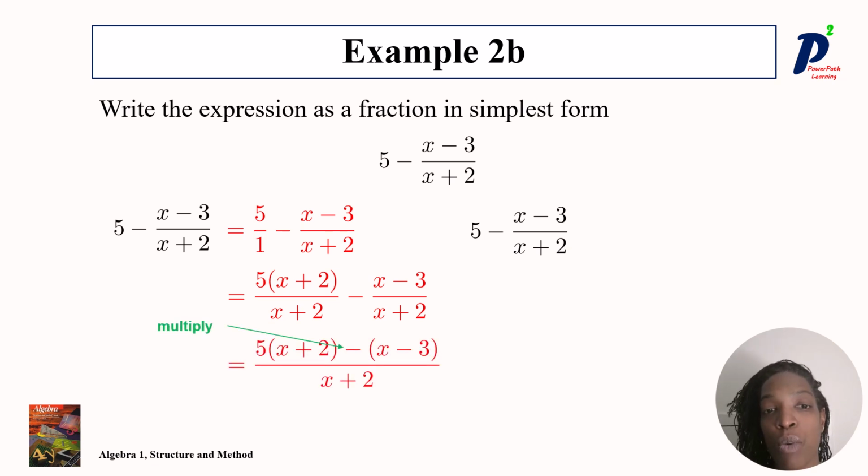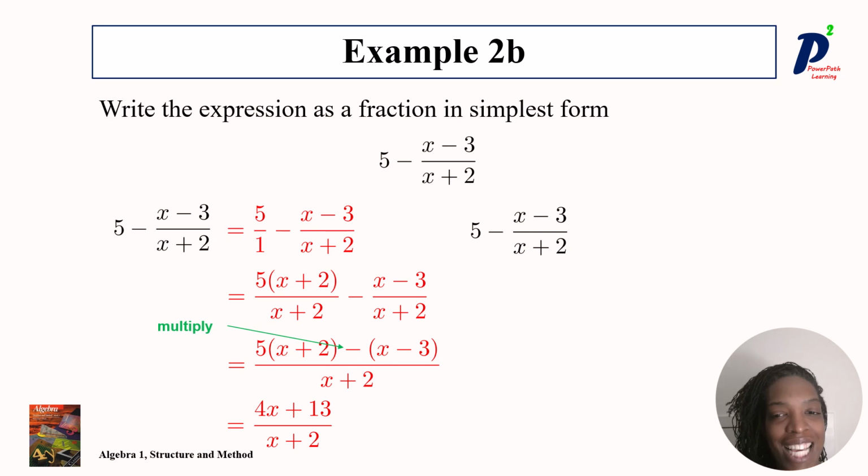I'm going to combine my numerators. Keep in mind it's really important that the subtraction sign between the two fractions gets distributed all the way through, okay? Sometimes students will drop it and they'll get negative x minus 3, but it should be negative x plus 3. Then once I combine, I get 4x plus 13 over x plus 2.